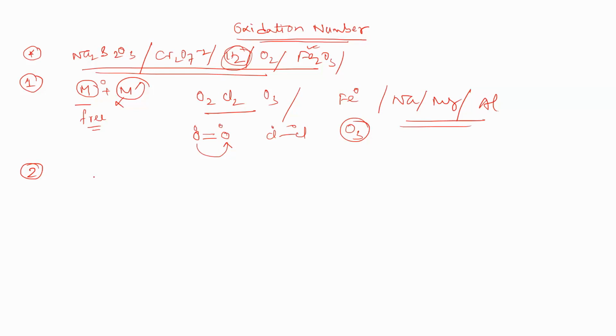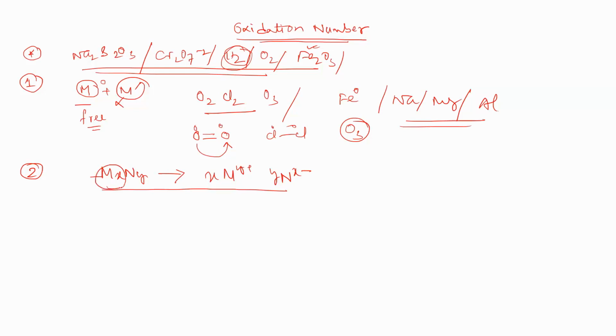Like I already said in the previous class, MXy. This is a metal salt. We can write this metal salt in cation and anion form like that: M y plus and y X minus. Suppose this is a metal.